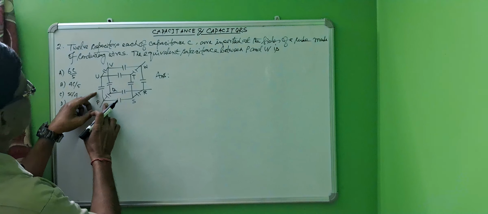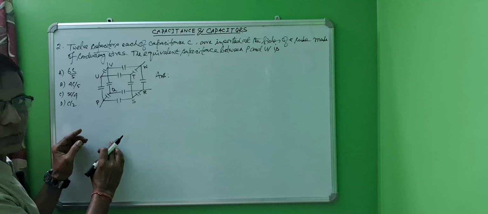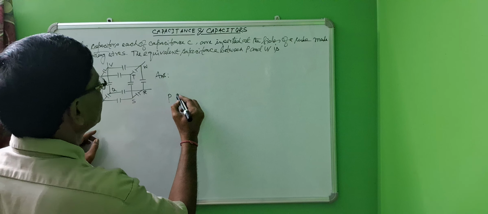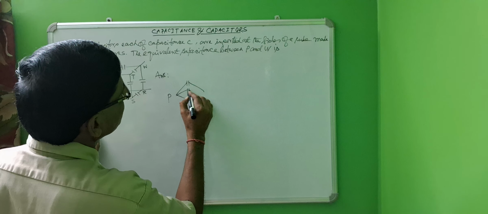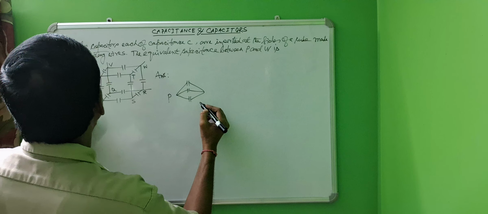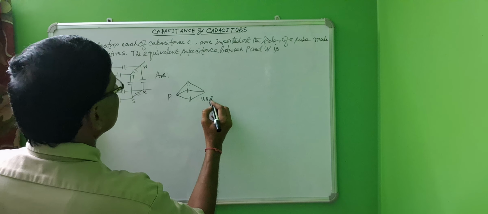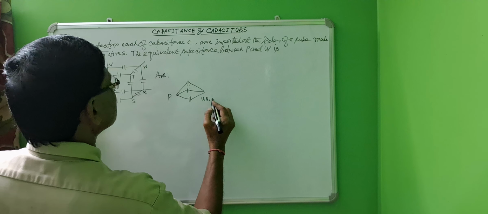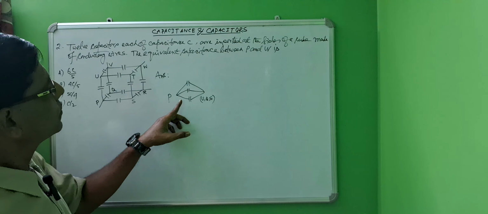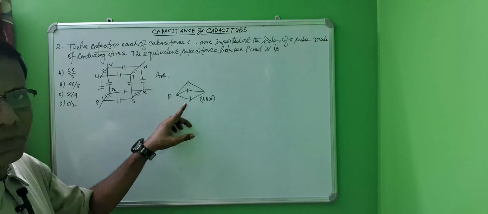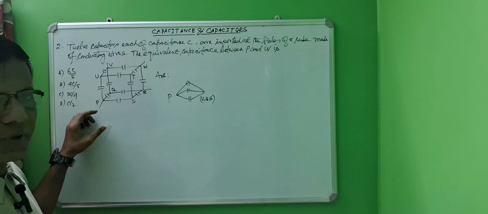Here is P, so 3 capacitors come out from P as PS, PQ and PU. 3 capacitors coming out from P as PS, PQ and PU.